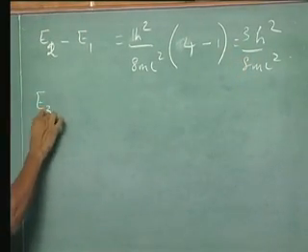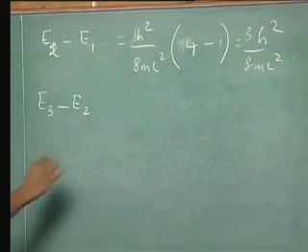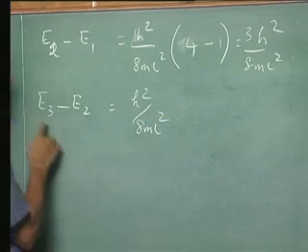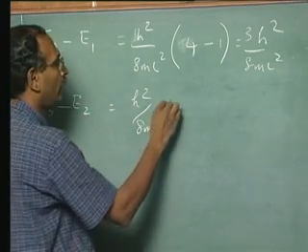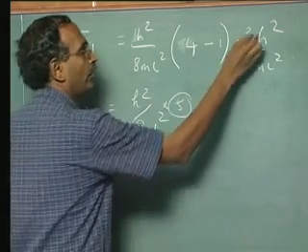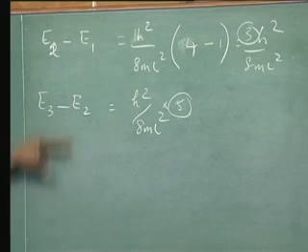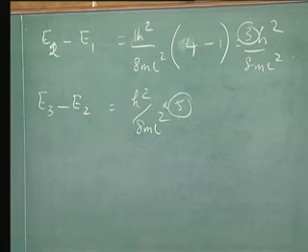And E3 minus E2, the difference between successive energy levels, is h square by 8 m l square times 9 minus 4, that is 5. You see that these are not the same. And likewise when you go on calculating the difference between successive energy levels in the particle in a box, you will see that this energy gap keeps on changing.